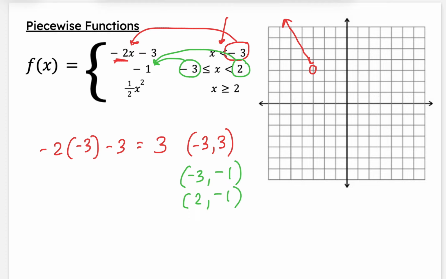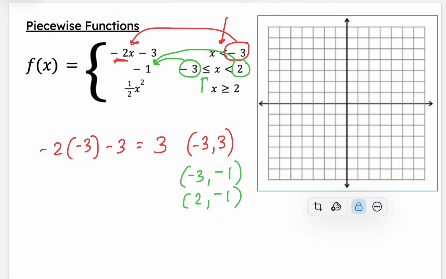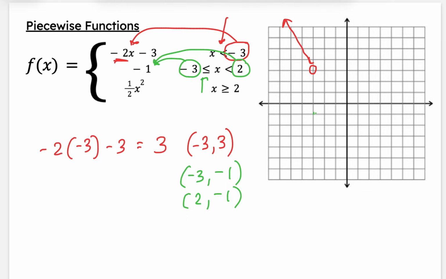So that means I have those 2 points, and I know that if f(x) equals -1, that's just a horizontal line. So at -3, I'm looking at my symbol right there, it's a less than or equal to. So I'm going to go to (-3, -1) and draw a dot that is colored in.